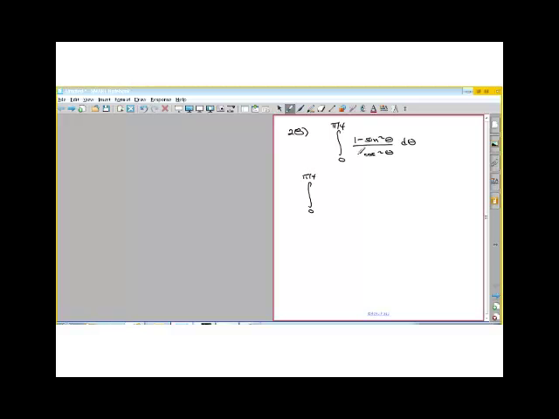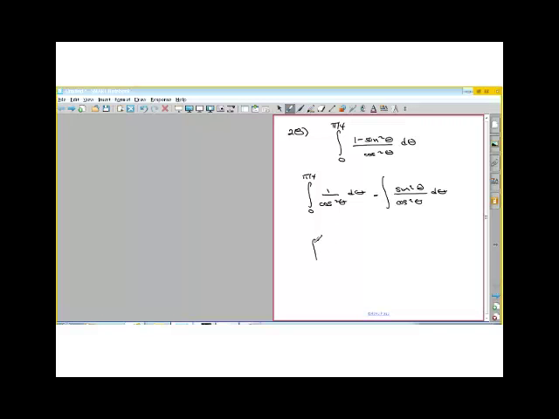So the hard way would be to break this into two things. 1 over cosine squared of theta, d theta, and then I should have a negative sign there, so negative sine squared theta divided by cosine squared theta d theta.